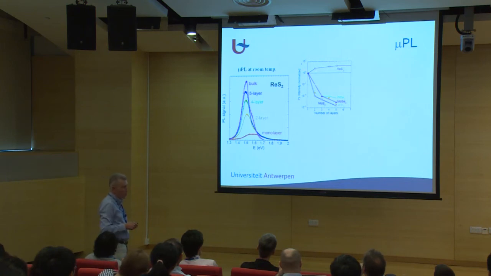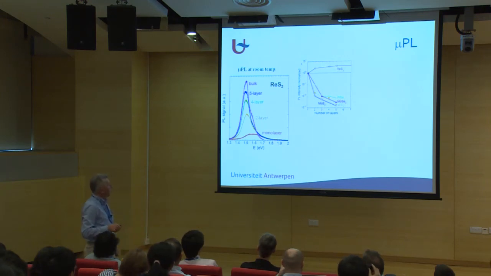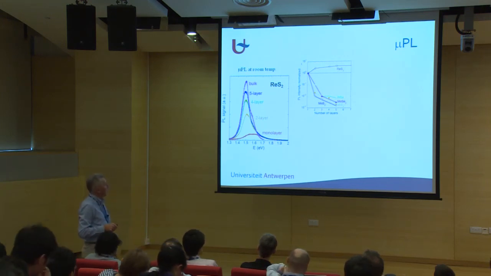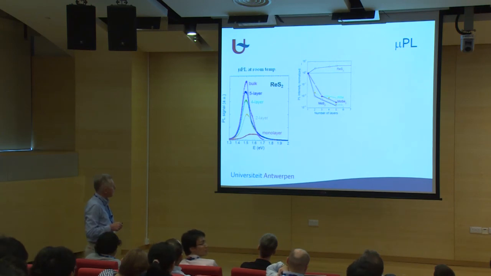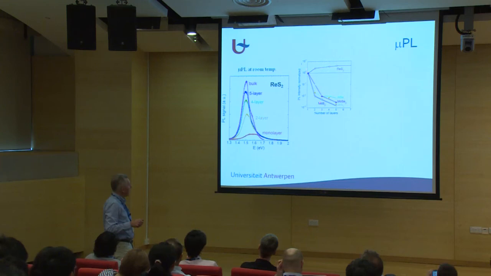Okay? So it's almost proportional to the number of layers. While in the molybdenum and the tungsten systems, you get a very fast decrease of this PL intensity, and that's due to the fact that you go from a direct to an indirect band gap.